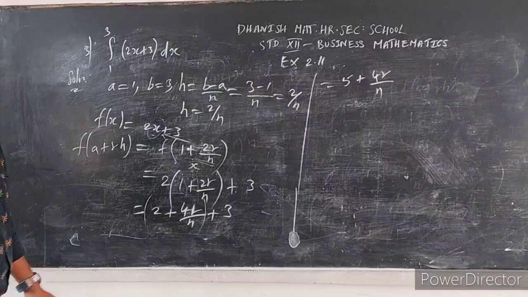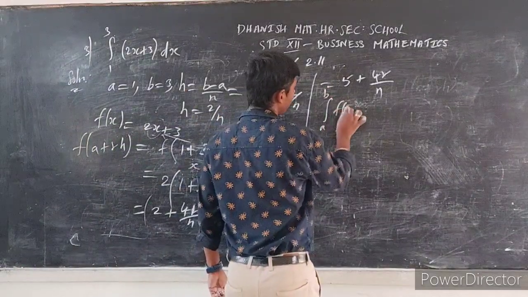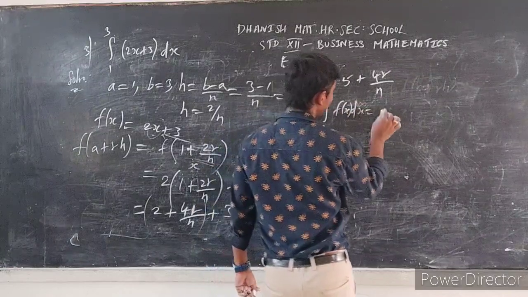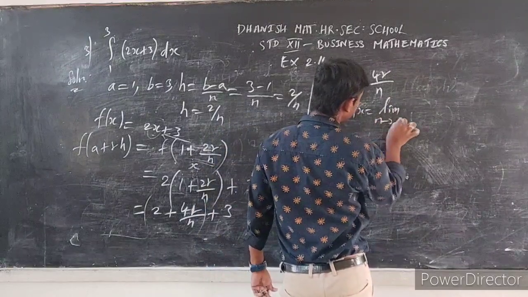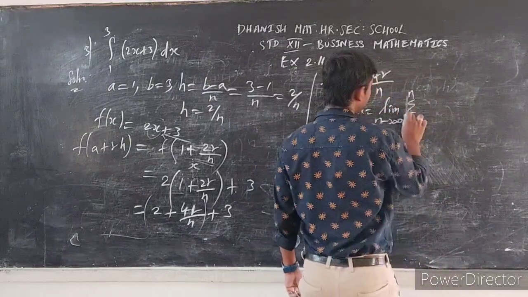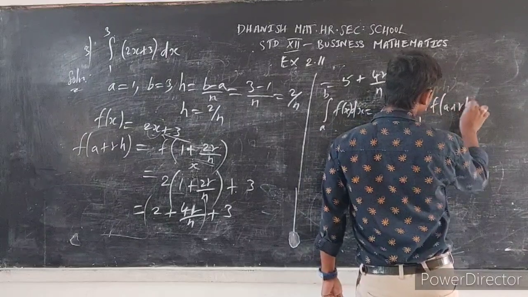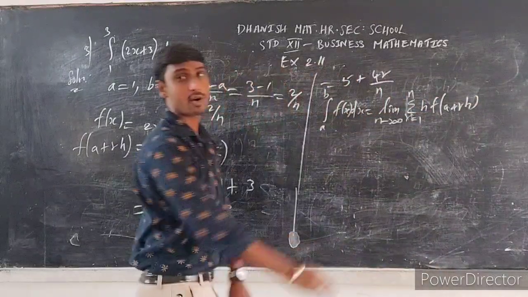So here now I am going to apply the formula. What is the formula? Integral from a to b of f of x dx equals limit n tends to infinity, h summation r equal to 1 to n, f of a plus rh.